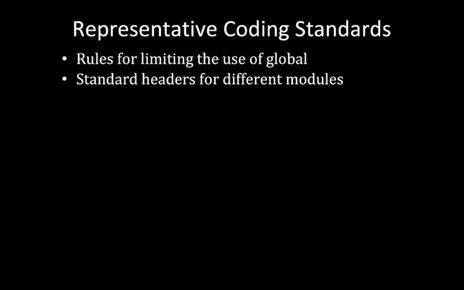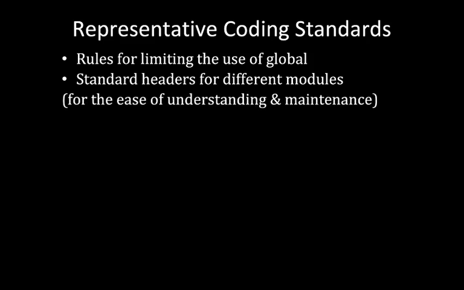Then there should be standard headers for different modules. Almost all organizations will have these standard headers. That is, every program should have some header. It is mainly for understanding and maintenance.